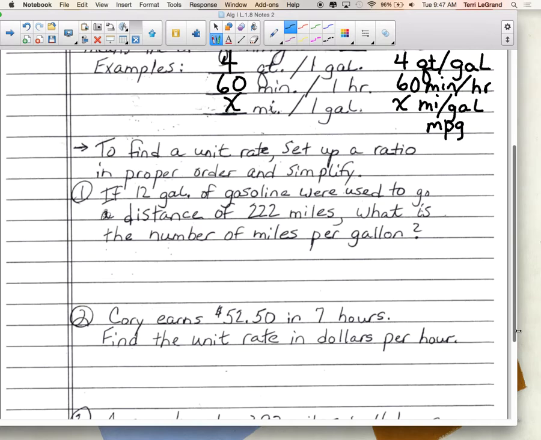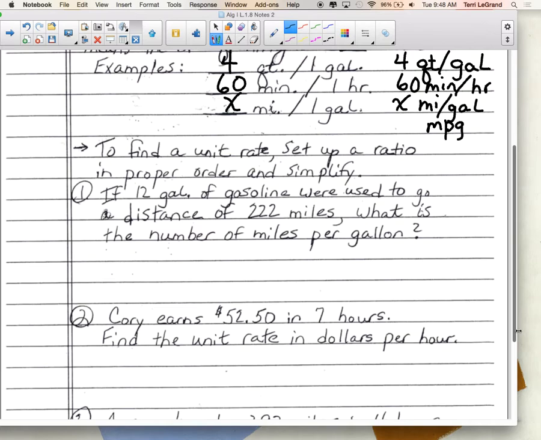How many hours are in a day? Hours per day. How many hours are there per day? 24. Anybody have a job? How do you get paid? Dollars per hour. You probably at this point in your life get paid by the hour, don't you?